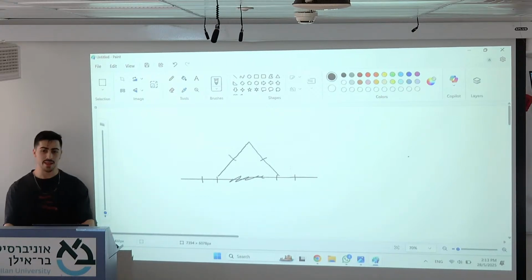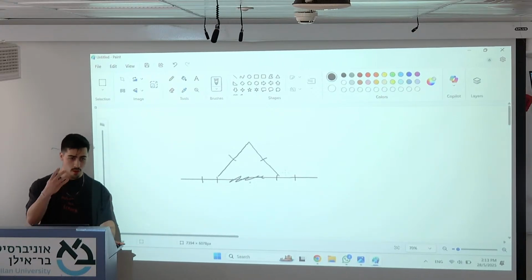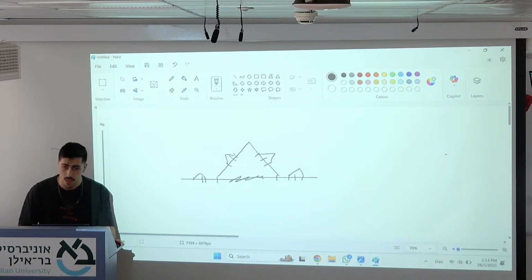Okay? And then you just do this recursively for the 4 smaller lines that you have created. So this line segment, you split it into 3s, and you make a bump. This line segment, you split it into 3s, and you make a bump. Same for this, and same for this. And you do this recursively to infinity. Okay?